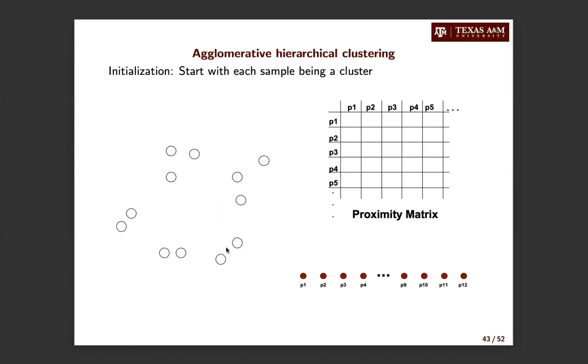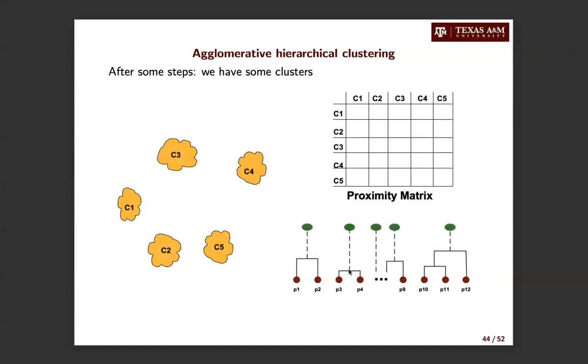So in this example, we have an initial set of 12 data points. And as an initial version of this proximity matrix, we compute pairwise distances between those 12 data points in a 12 by 12 matrix. Once we have a few subclusters shaped, so for our 12 samples, we have these smaller clusters that have been already formed. What we need to do is update the proximity matrix so that it reflects these newly generated clusters.